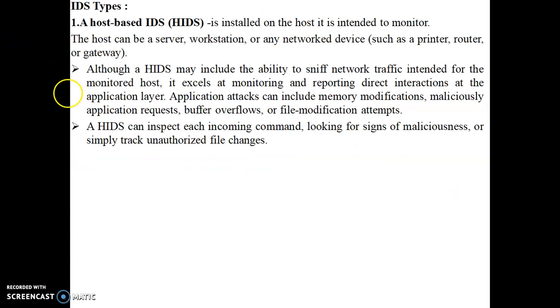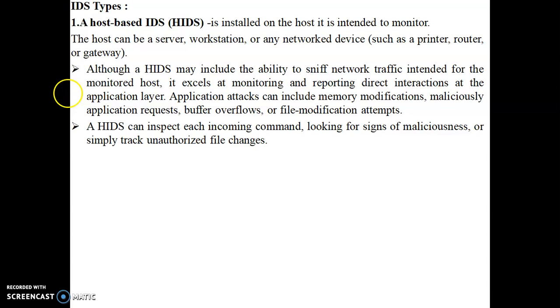It is when the IDS is installed on the host, basically to monitor the host or the device, and we call it host based IDS. The host can be a server, workstation, or any network device. It could be a printer, a router, a gateway, or any mediator.